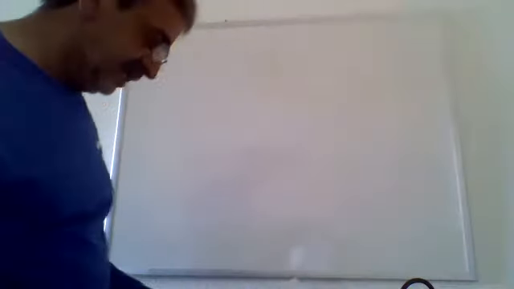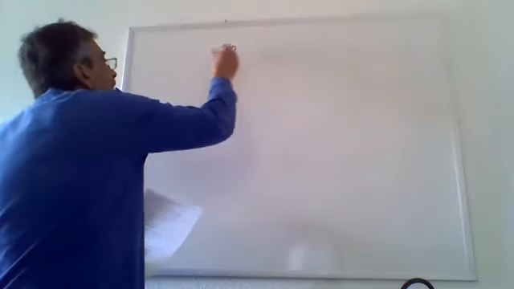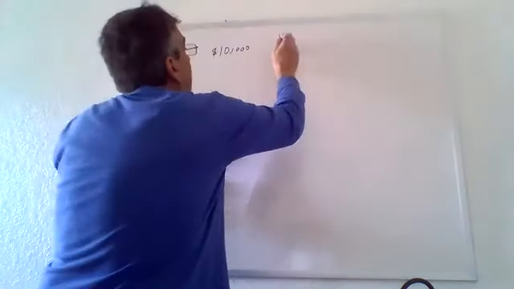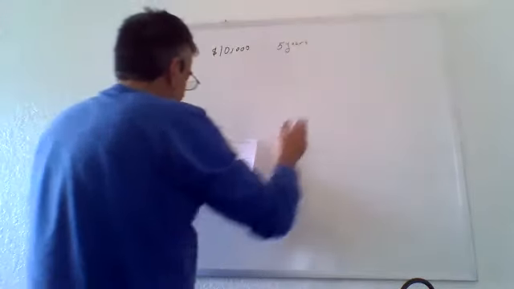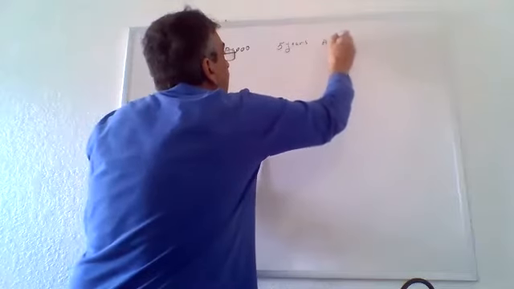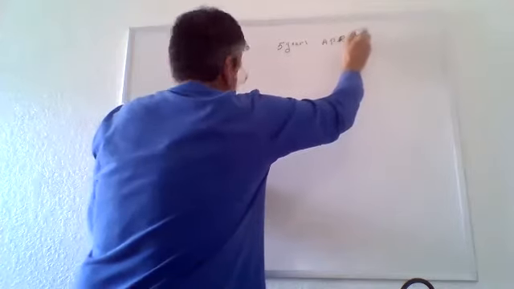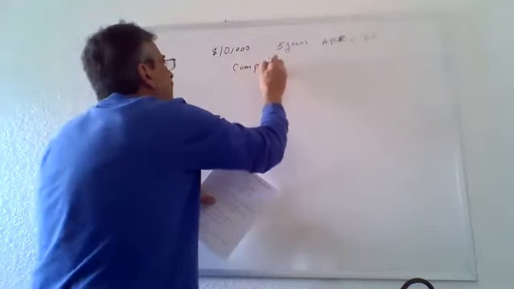Okay, another question says use the appropriate compound interest formula to compute the balance in the account after the stated period of time. So you have $10,000 invested for 5 years, and we have APR equal 2% compounded quarterly.